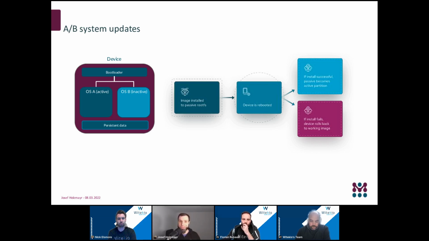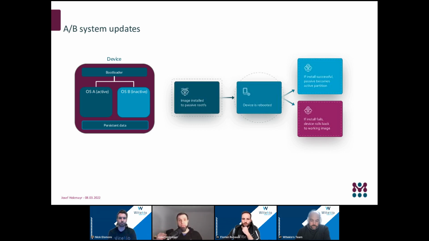A/B system updates work like this. Whenever a system is operating, it obviously uses some set of software, and the set of software that it uses is called active. This is the software that is actually running the device. In an A/B scheme, you have a duplicate set of software of which one is always inactive. So when an update gets deployed, the system running on the active partition puts the incoming update on the inactive partition.